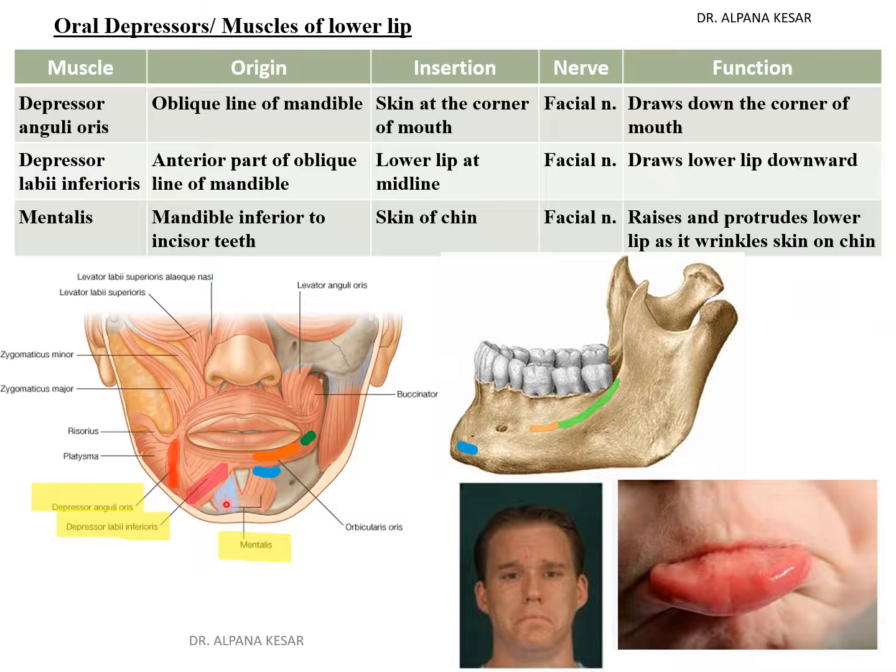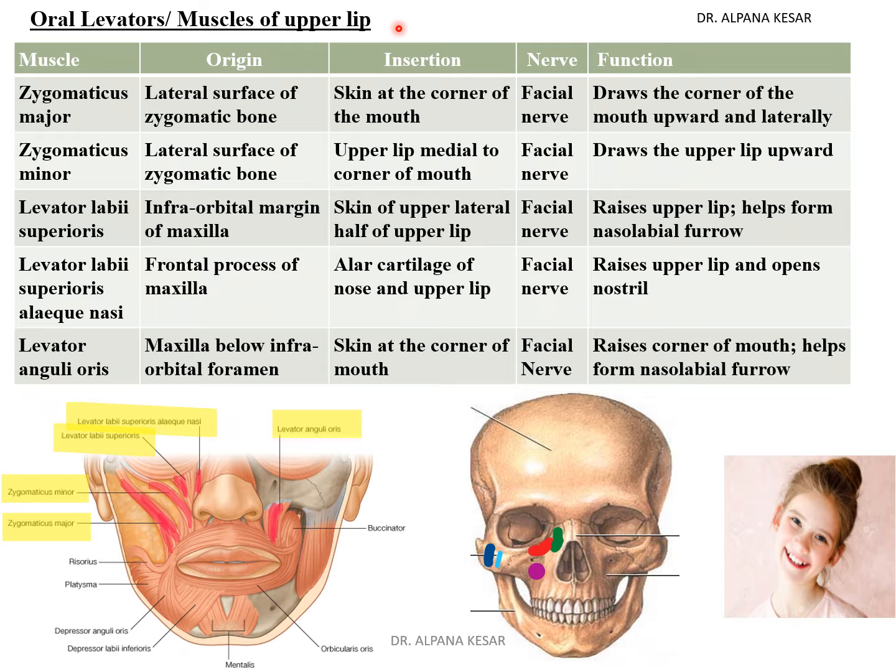Oral levators, or muscles of the upper lip. These are the muscles that raise the lips. Oral levators include zygomaticus major, which is this, and zygomaticus minor, which is just medial to it.